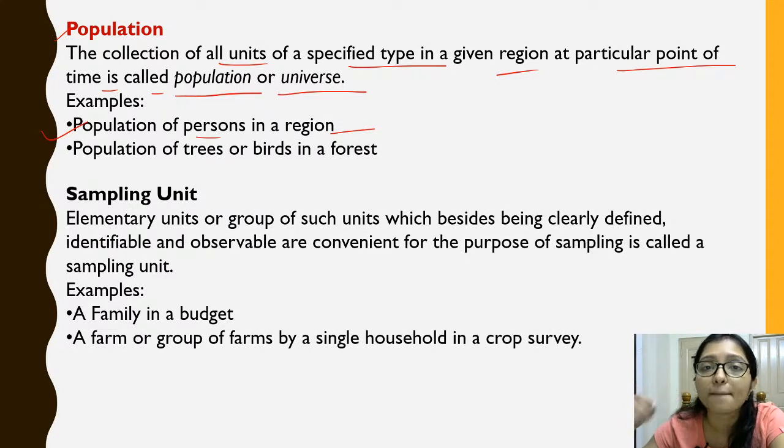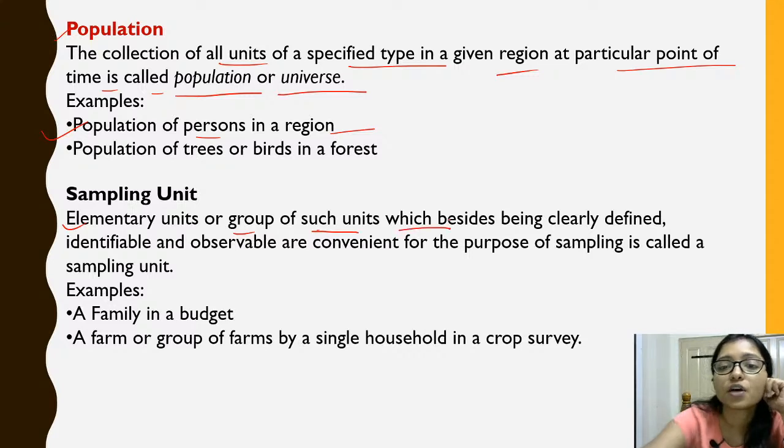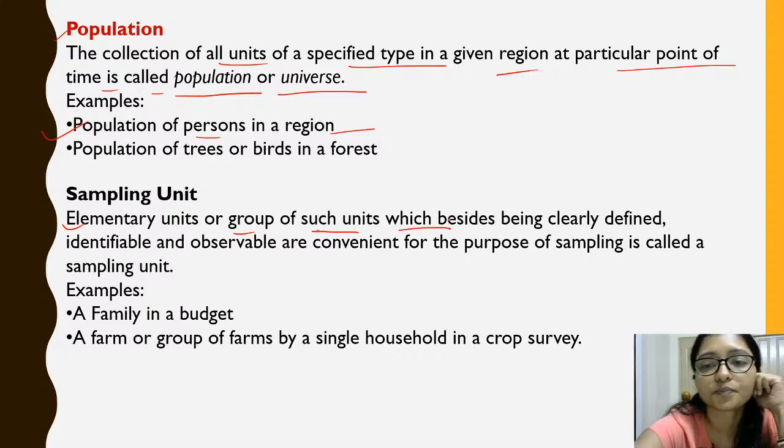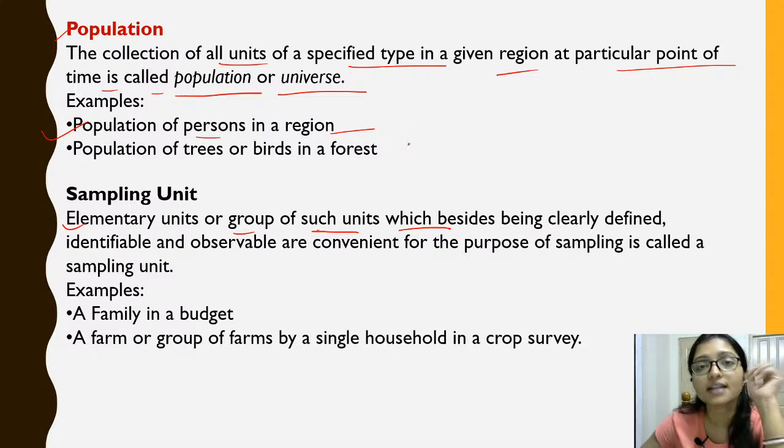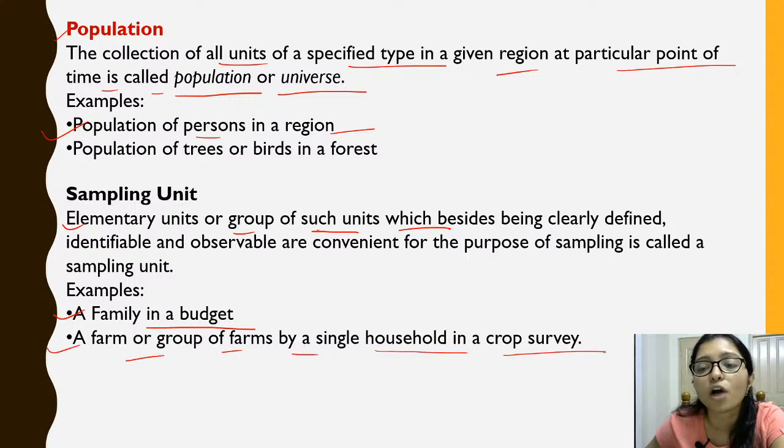Now what is the sampling unit? From that population you are trying to select some specific unit. Unit means an elementary unit or a group of such units which is clearly defined. According to your research you have to define what the unit will be, like a family in a budget, or a farm or a group of farms, or a single household in a crop survey.